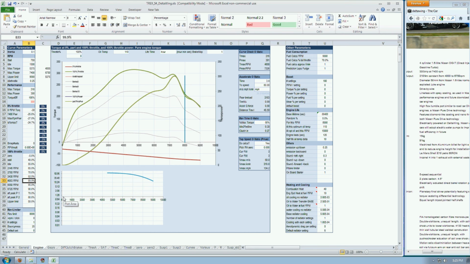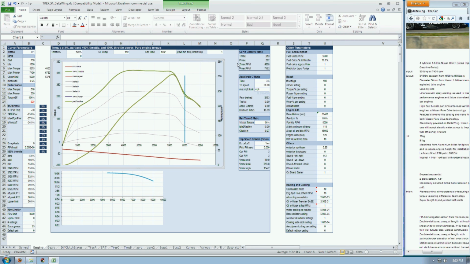Alright, so that's 99.5, and yeah, still 99.5, 99.9. Okay, it's already looking pretty much like a nicely flat curve. And here are some readouts of what it thinks of the engine now. So we still have some smoothing of the curve to do.